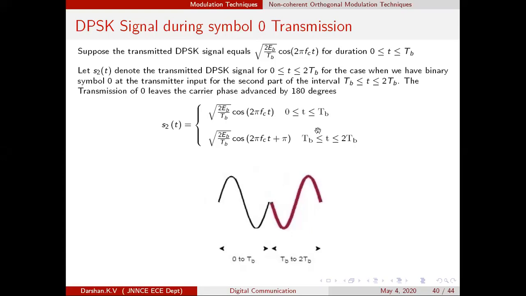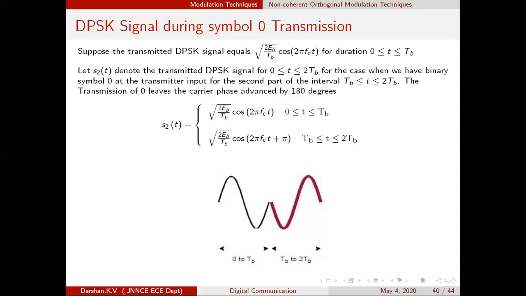Suppose you want to transmit 0. Initially you observe, for 0 to TB, the phase of the carrier; you can assume the carrier phase is 0. Now if you want to transmit 0, you advance the phase of the carrier by pi radians. Normally, all equations you have studied previously were written for 0 to TB.